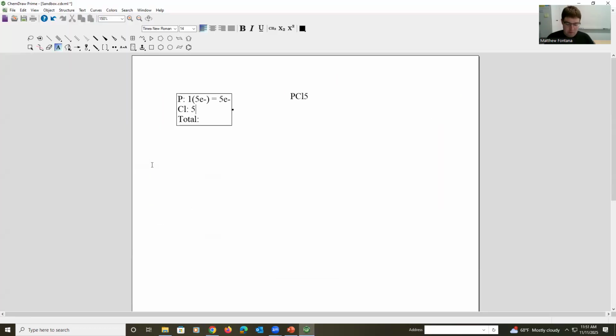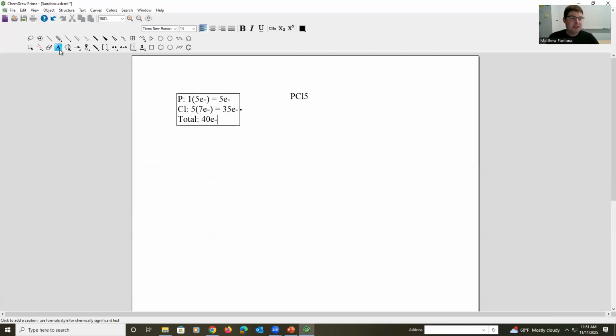And so each chlorine atom is going to bring 7 electrons to the party. 7 times 5 is 35. And there we go. Okay, so we have 5 valence electrons from phosphorus. We have 35 valence electrons from chlorine. In total, that gives us 40 valence electrons for PCl5.